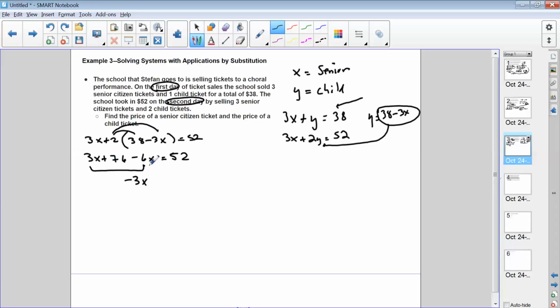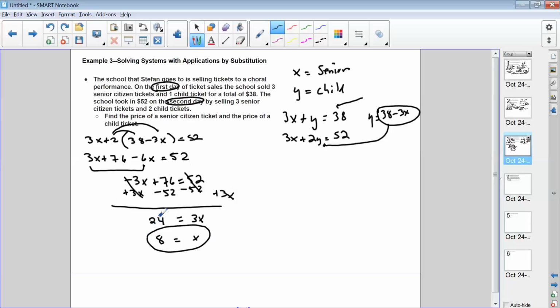And I'm going to keep the 76 here. And then I'm going to subtract 52 and add the 3x. That goes to 0 and that goes to 0. So on the left side of the equal sign, I'm going to get 24 is equal to 3x. So x is equal to 8.